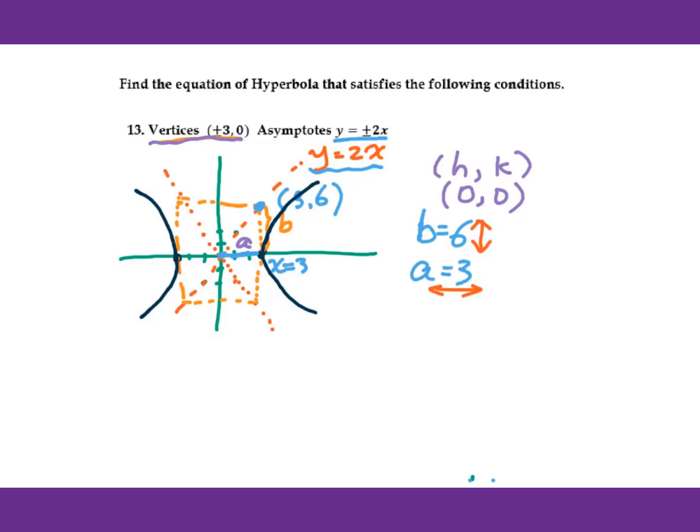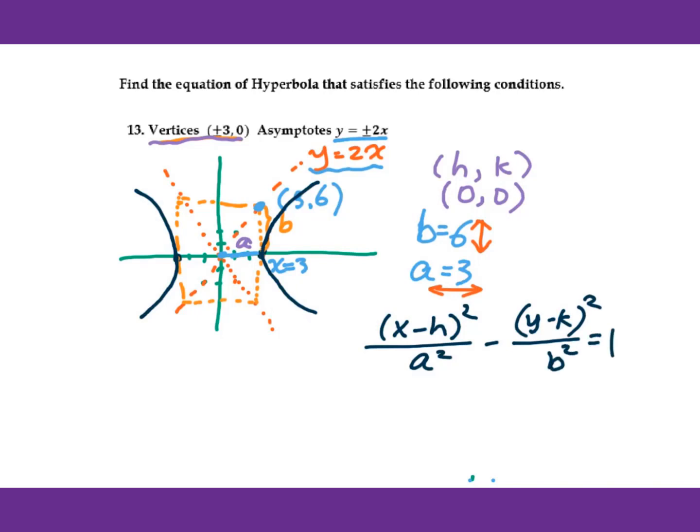So we get x minus h squared over a squared minus y minus k squared over b squared equal to 1. Then we plug in, we got x squared over 9 minus y squared over 36 equal to 1.